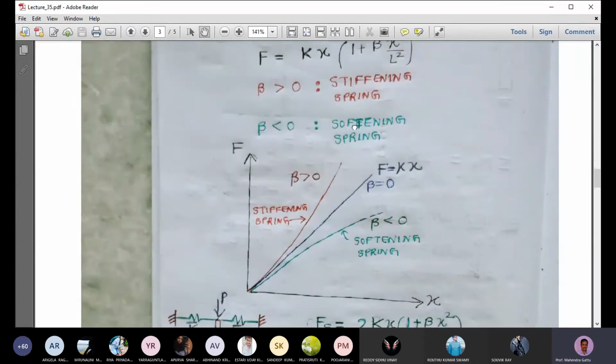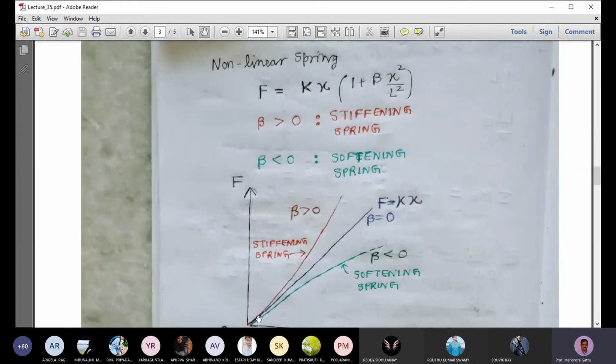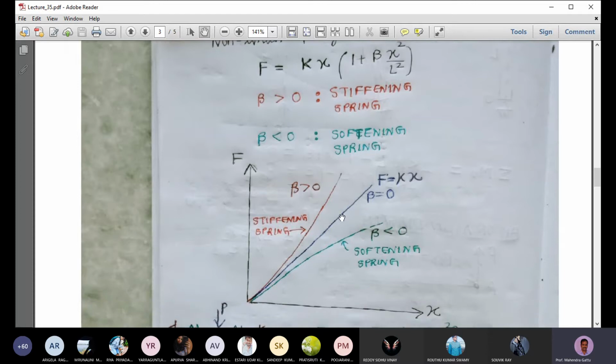So what happens is, if force is doubled, then the elongation is doubled, and if force is halved, then elongation is halved, for beta equal to 0. And if beta is greater than 0, the force displacement curve will follow this red shape.